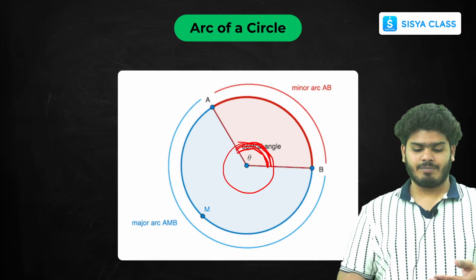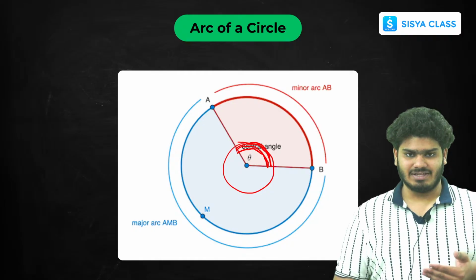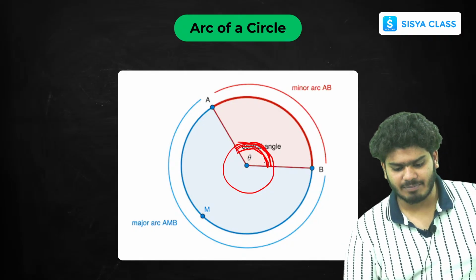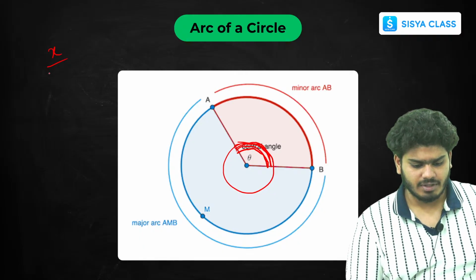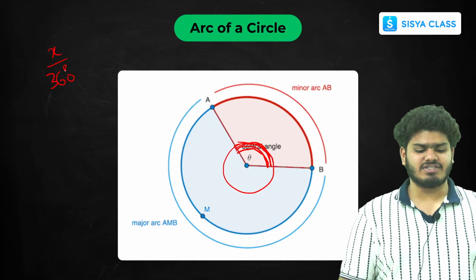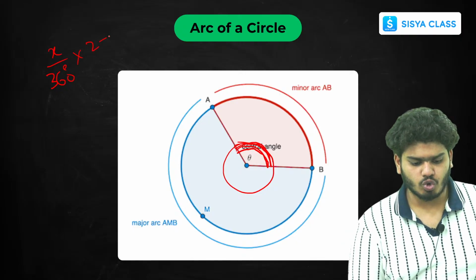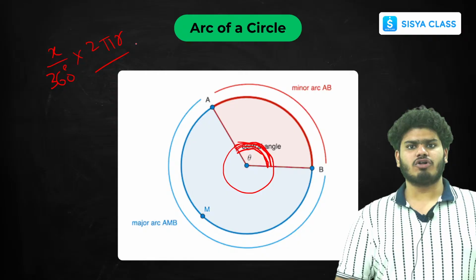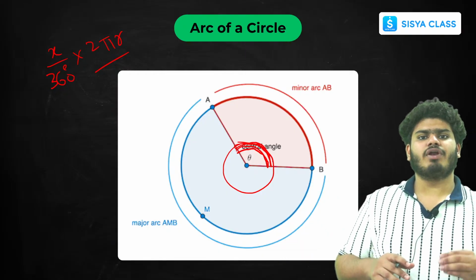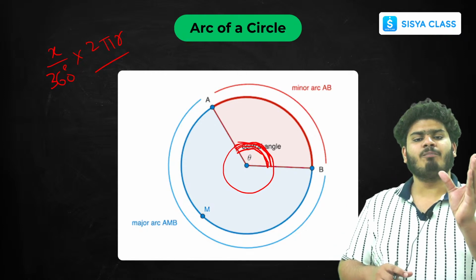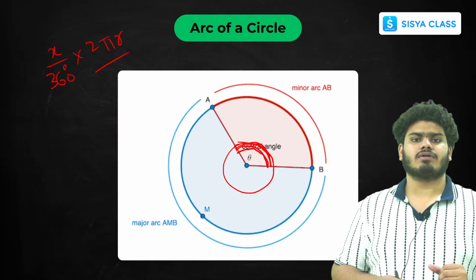In the same way, here you will be using the same ratio of the angles, where whatever the angle subtended by the arc, that will be x or theta, whatever it may be, by the total angle which is 360. This is the ratio of the angle, into 2 pi r, right or not? Because 2 pi r is the circumference, the length of the complete boundary. In that boundary you only need some portion of a value, which is equal to the length of the arc.